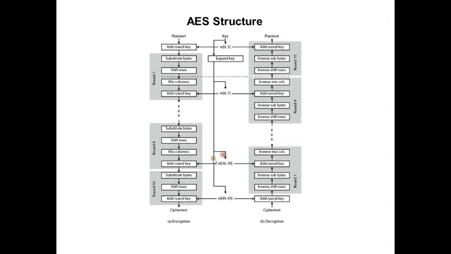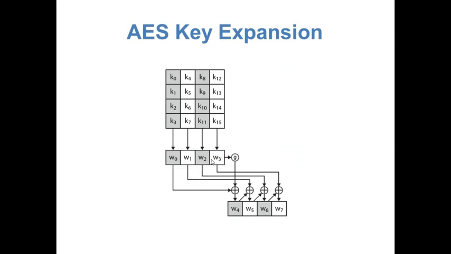It shows each group of 4 bytes in the key being assigned to the first 4 words. Then the calculation of the next 4 words based on the values of the previous 4 words, which is repeated enough times to create all the necessary sub-key information.